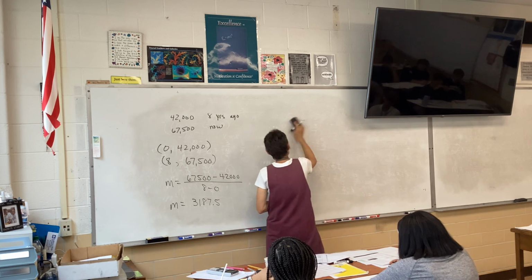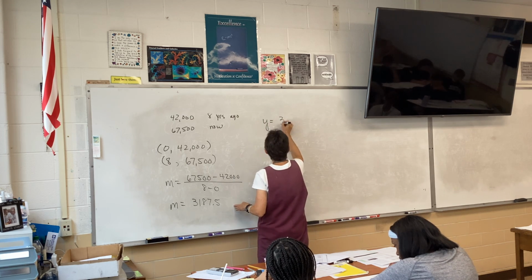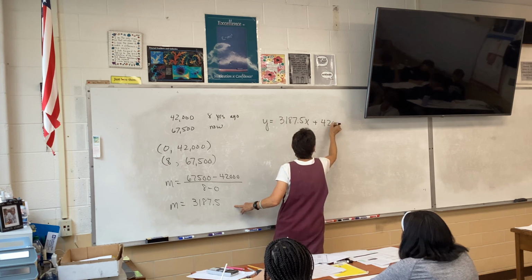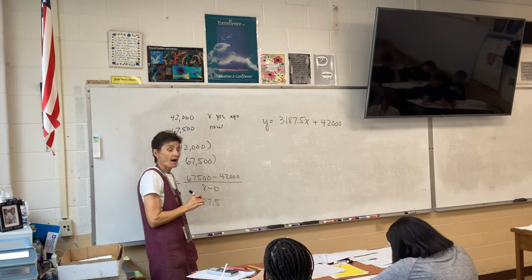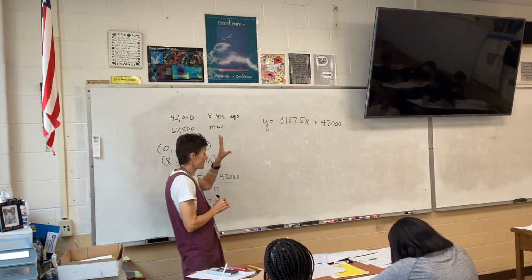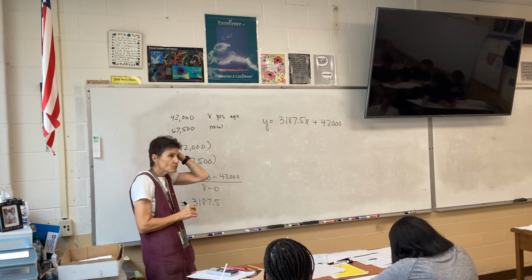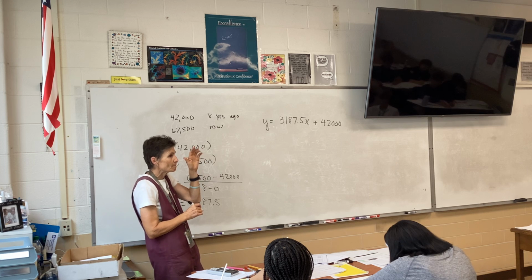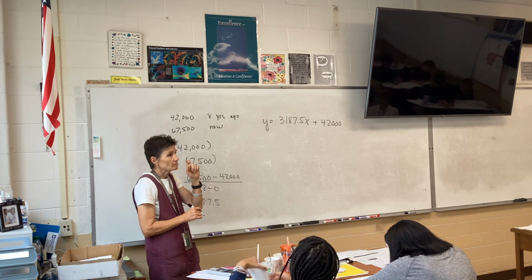Now, if you're really paying attention, then you know the equation of your line is this. I did not write it out with point slope. I just went immediately to that equation. How did I do that? Who sees the special thing that we have going on, Meg? The original value is 42,000, so that's always going to be like a y-intercept.